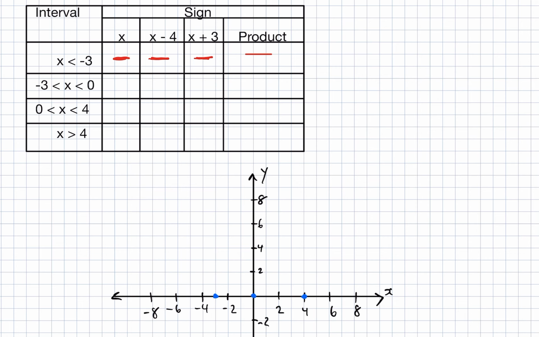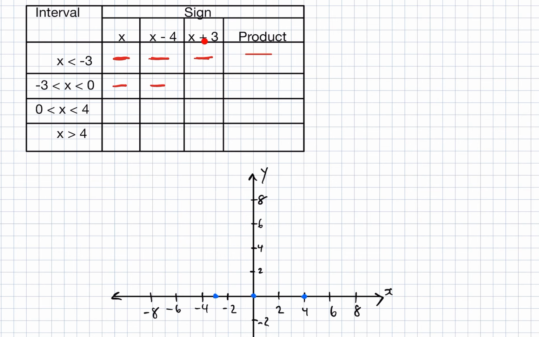Now let's take a look at the next interval, from negative 3 to 0, which is in this space here. Let's pick x as negative 1. When x is negative 1, it's a negative number, so we put a negative sign there. Negative 1 minus 4 gives me negative 5, a negative number, so this gives us a negative sign.